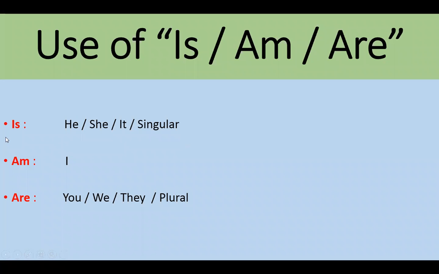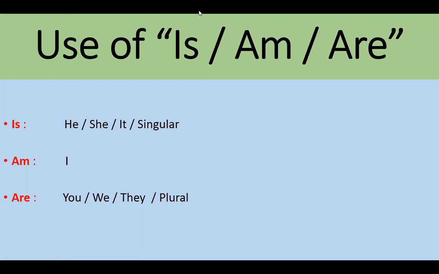But if I say Ali and Ahmad are eating mangoes, here we have plural in the subject, more than one person. So when we have he, she, it, or singular, you use is. When you have I in the subject, you always use am. When you have you, we, they, or plural, you use are. So these are the uses of the helping verbs is, am, are. I hope you remember them.